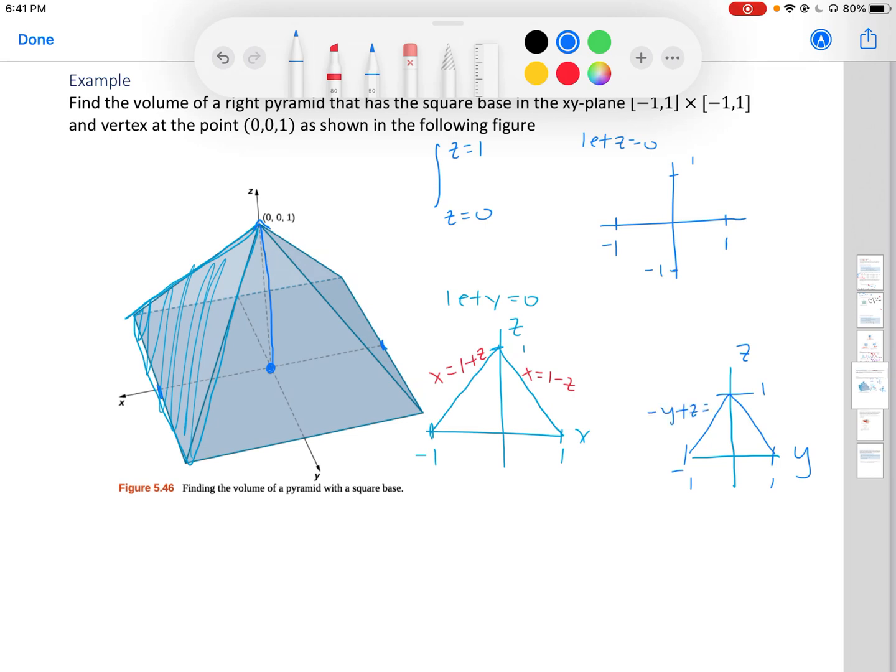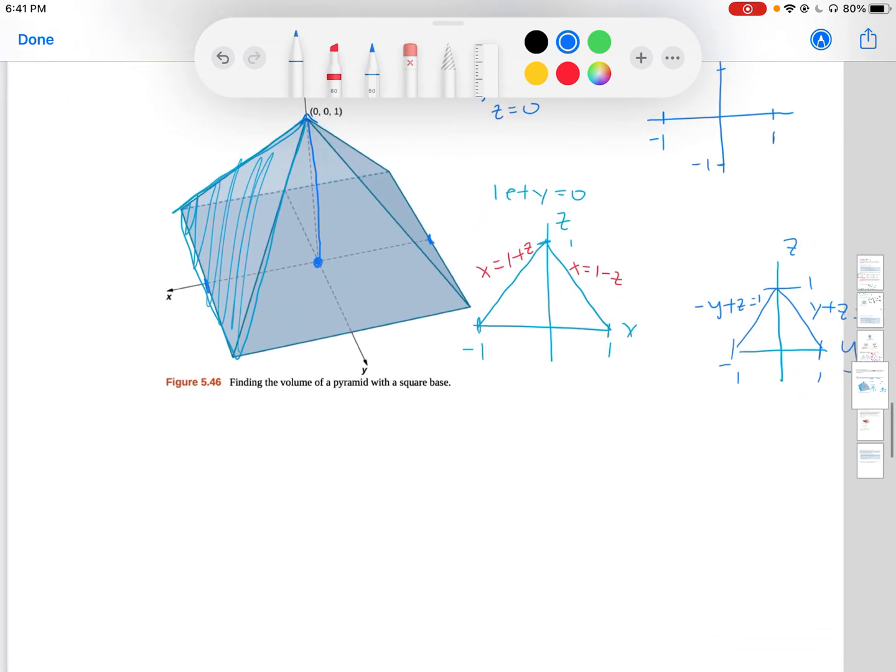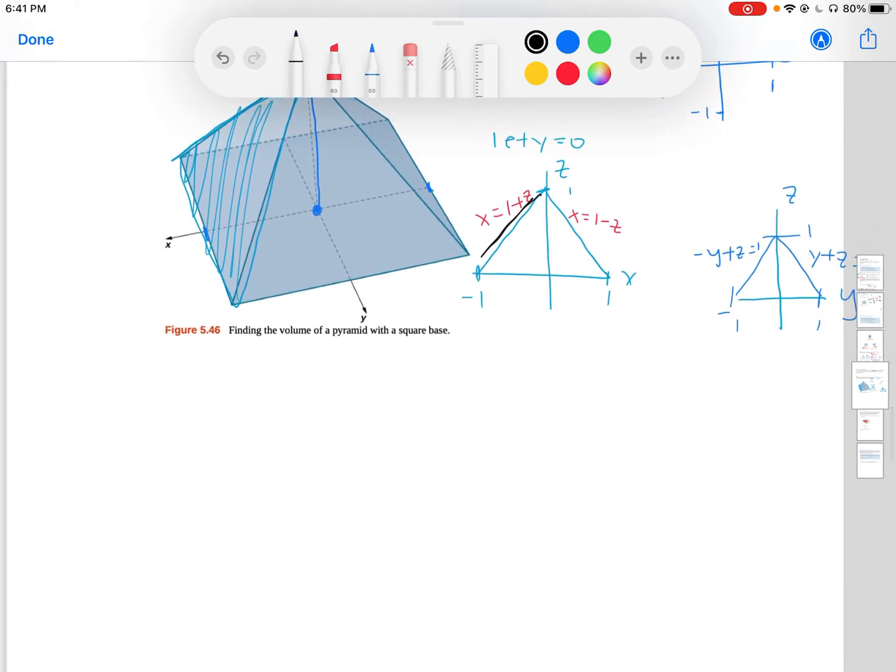So we have -y plus z equals 1, and y plus z equals 1. All right, so now we're here to consider that we have a lower bound that's an equation, and the upper bound is an equation, same for the other integral. A lower bound is an equation, upper bound is an equation.